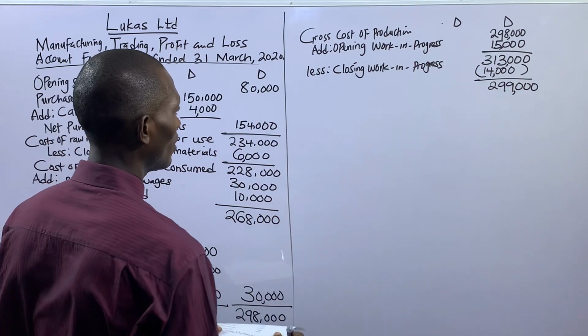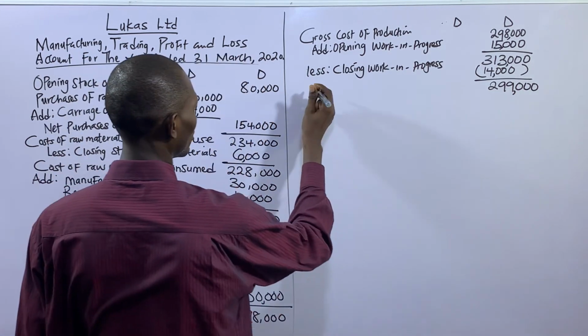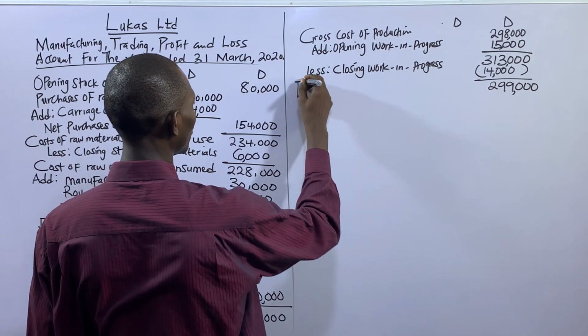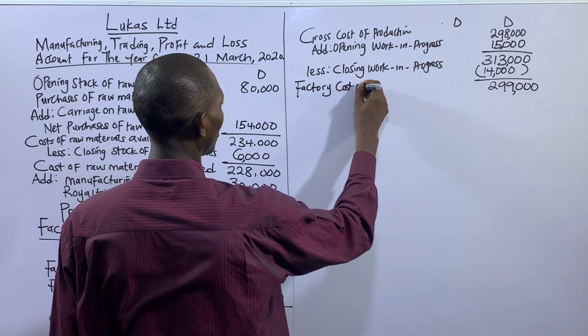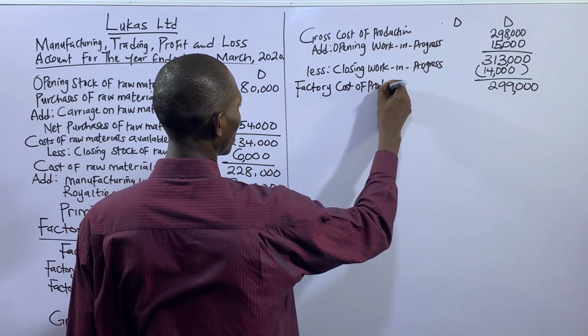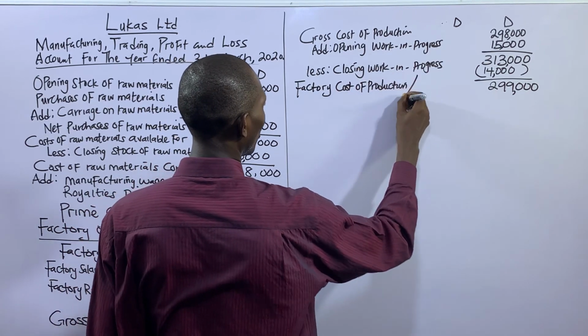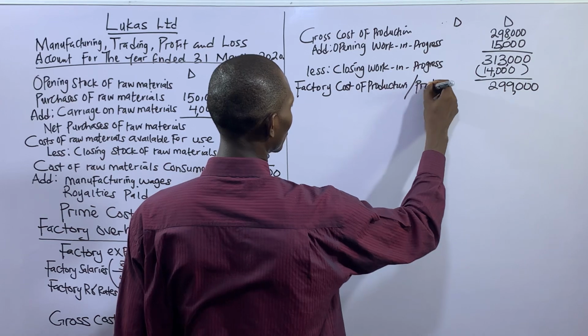Since this is our cost of production, we call this factory cost of production, or we can call it production costs.